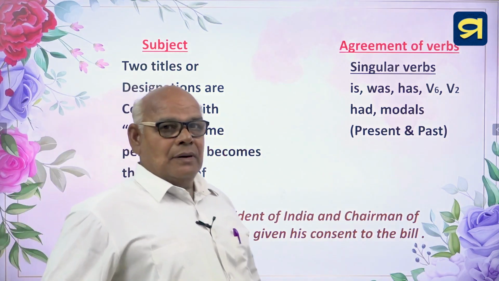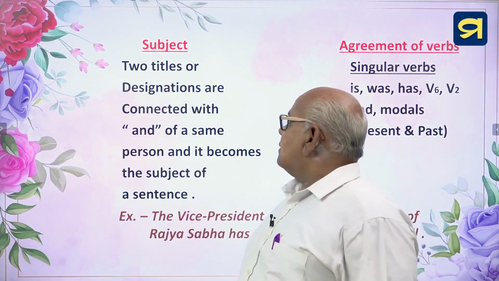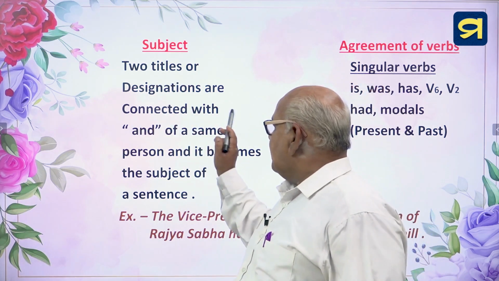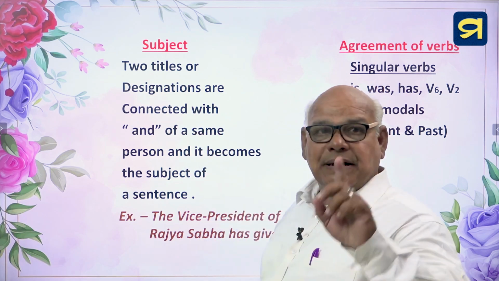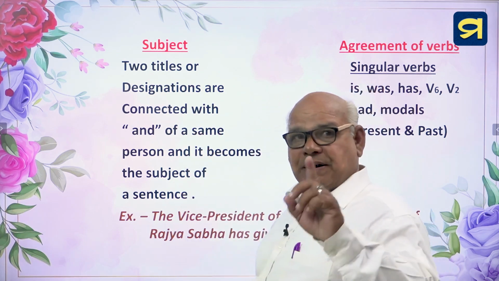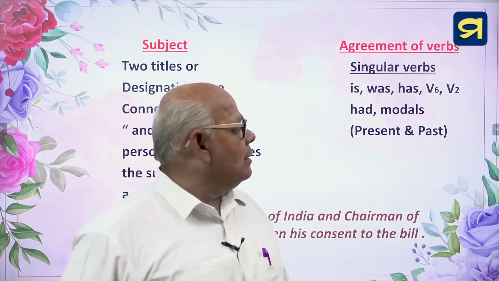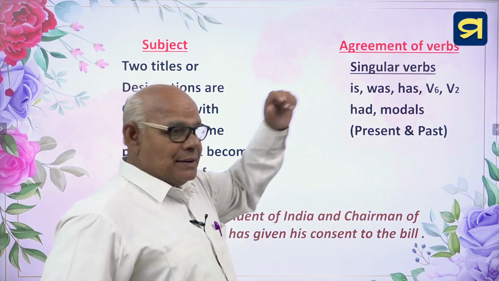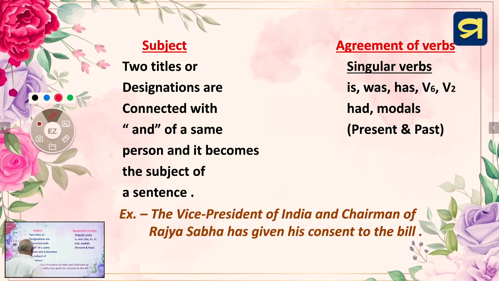Next, if two titles or designations are connected with and, and refer to the same person, and it becomes the subject of a sentence, then it takes a singular verb like this. Let us discuss some examples.